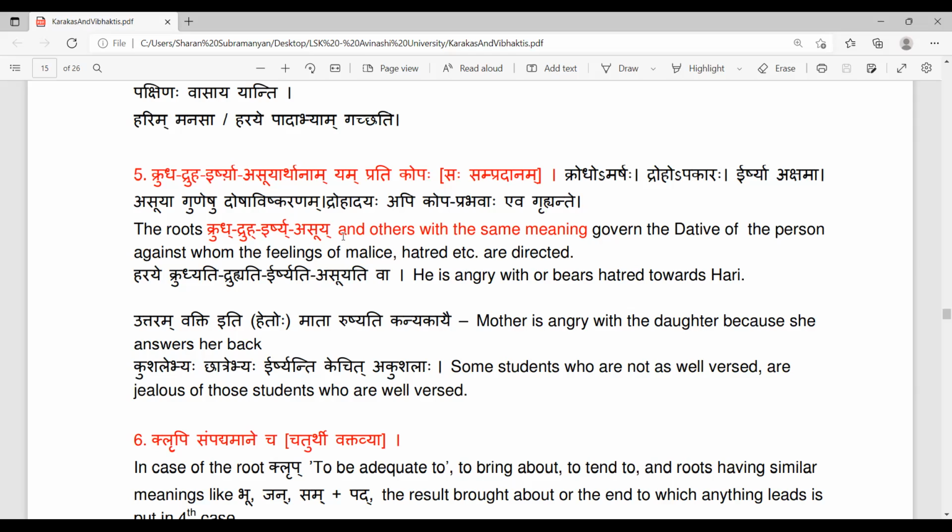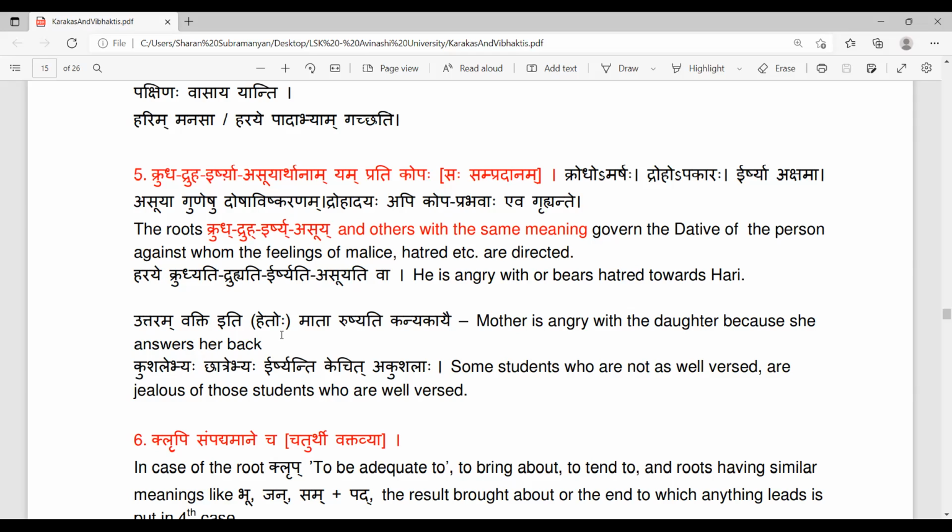Irshyati or asuyati va. So towards whom you have these emotions, with dhatus having this meaning, that would be Chaturthi, not karma. So harim krudyati is wrong. Kamsaha harim krudyati is wrong. Haraye krudyati. So Chaturthi Vibhakti will be used.